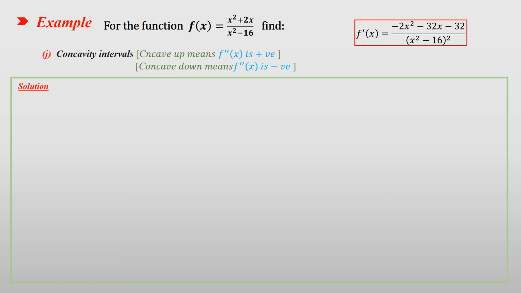So as homework, because it's not easy to find f double prime and you have to use the quotient rule to find it, it is homework for my students to find f double prime of x, and f double prime of x equals 4 multiplied by x cubed plus 24 x squared plus 48x plus 128 divided by x squared minus 16 squared cube, sorry.